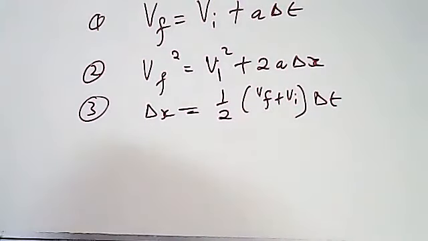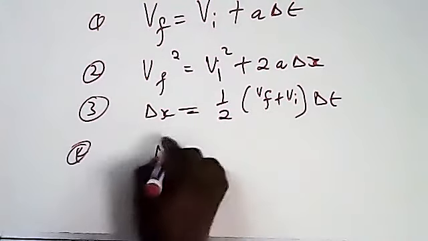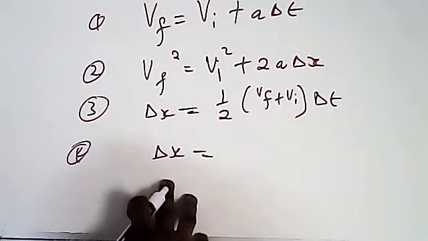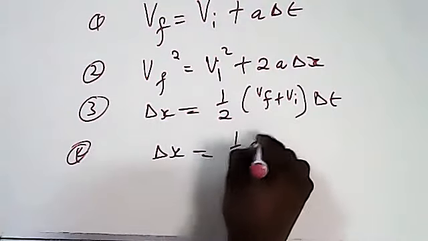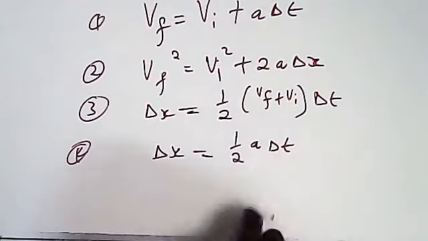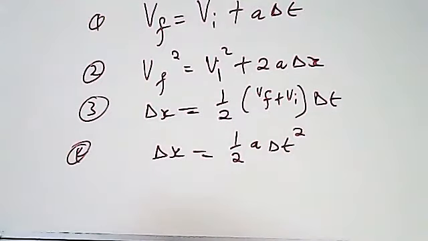And then another one says that the displacement is given by the initial velocity times time plus half times the acceleration multiplied by the change in time squared. This squared is only for the change in time, right? Those are the formulas that you have to know, right?